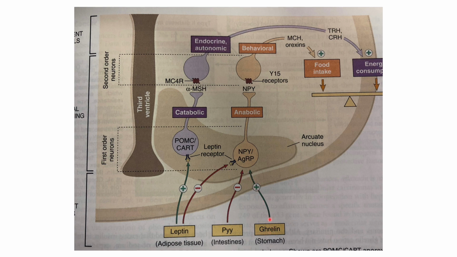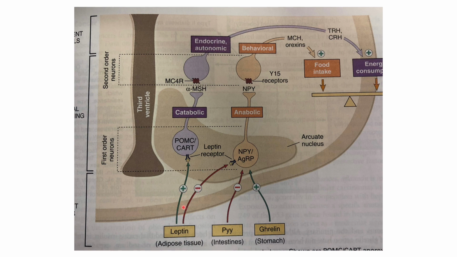Ghrelin, which is a hunger hormone, creates anabolic impact on the host. Behavioral effects include increased food intake and increased energy consumption.